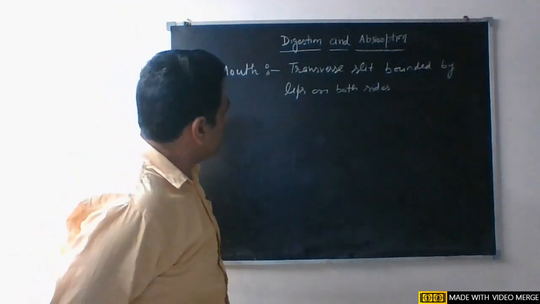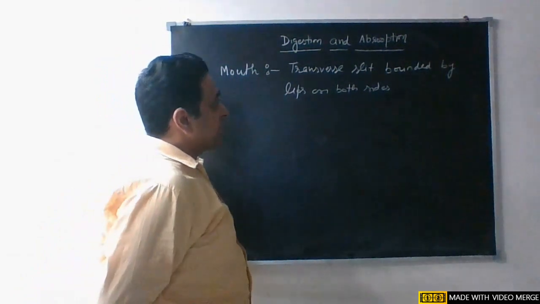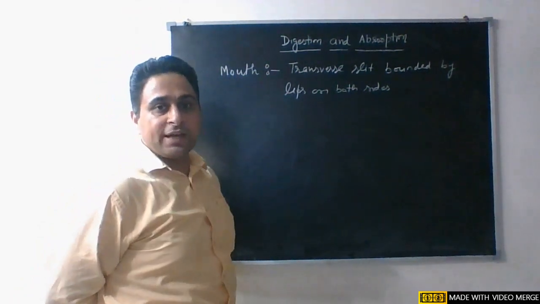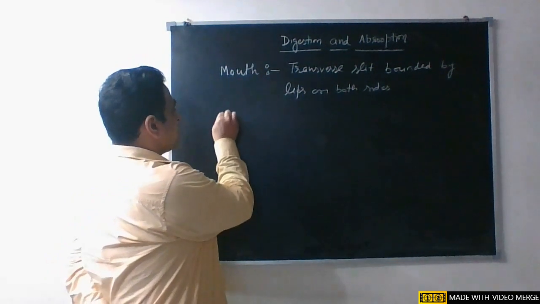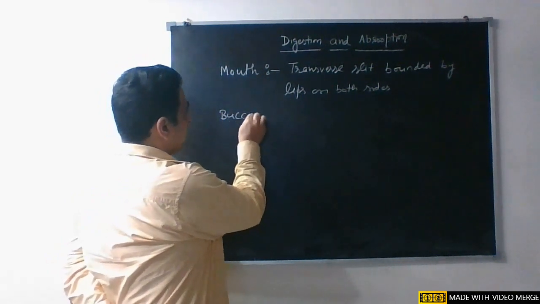So, what is the mouth? It is a transverse slit bounded by lips on both sides. Then, students, the mouth leads into the buccal cavity.